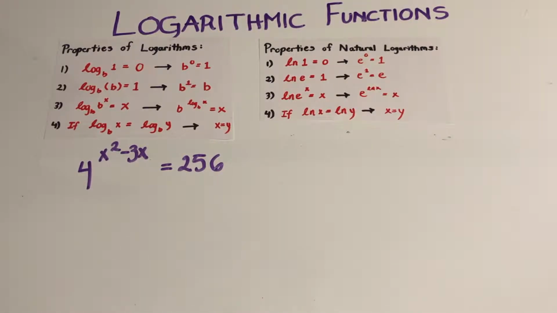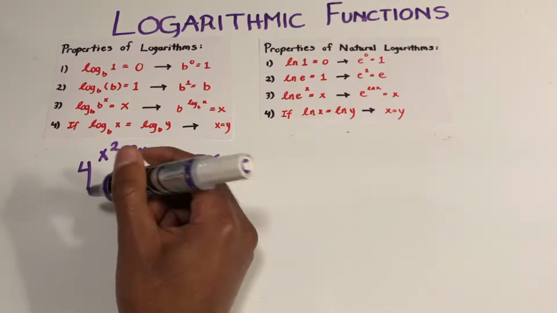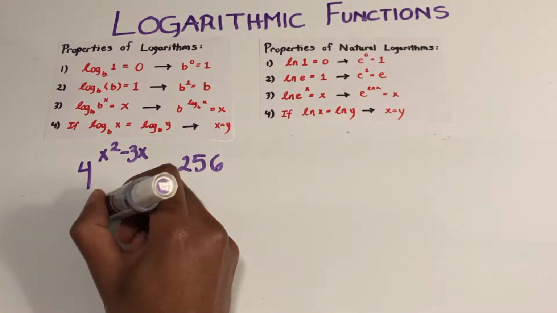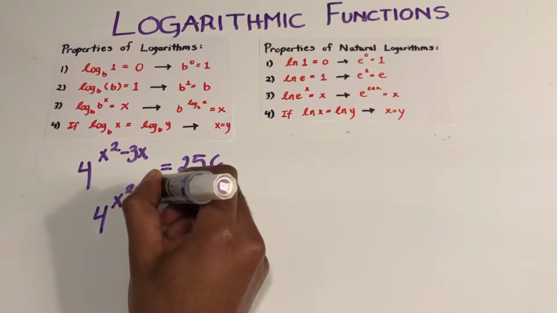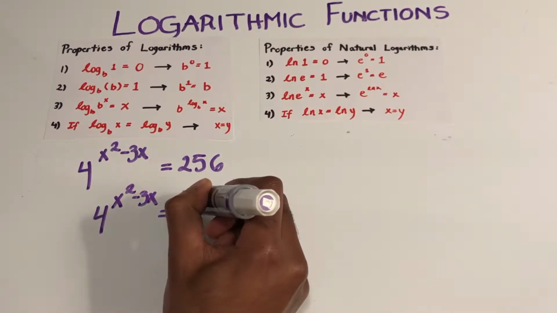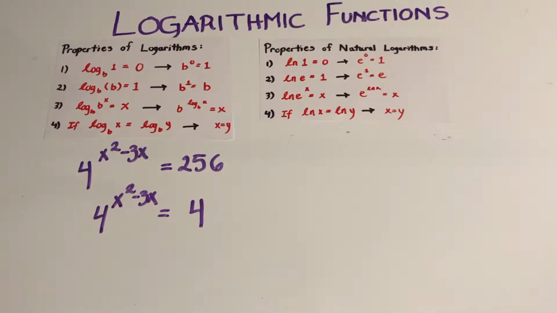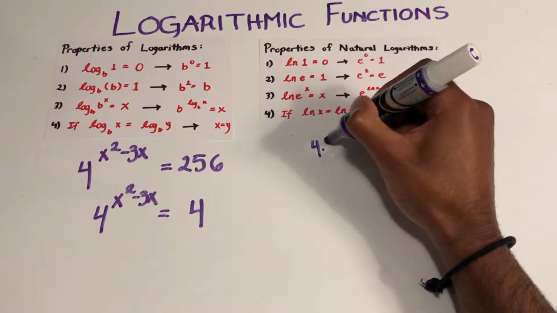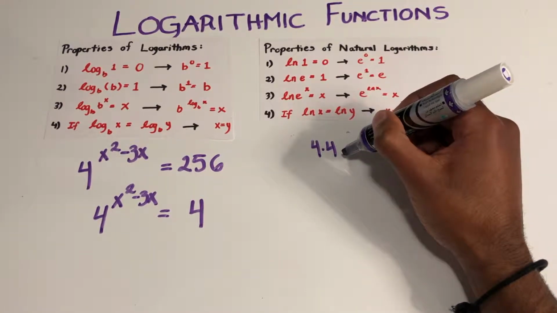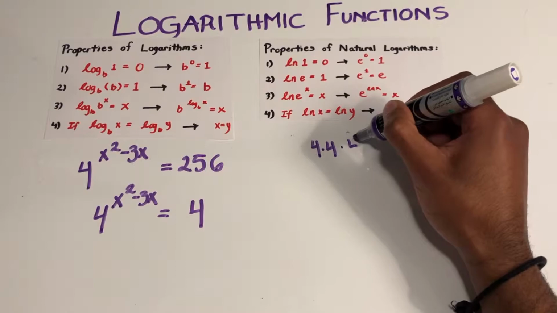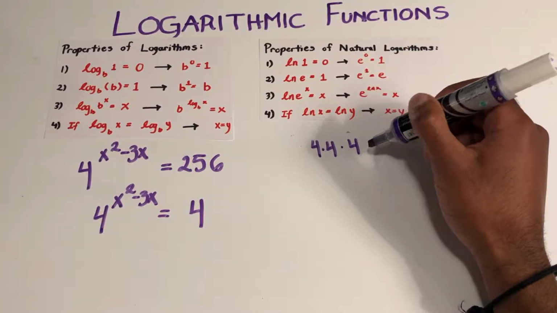So what we can do here is think of how many times I need to multiply 4 by itself to achieve 256. Now I know that 4 times 4 is going to give us 16, and then 16 times 4 is going to give us 64.